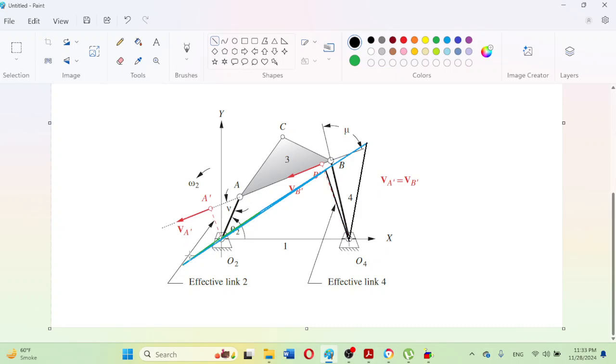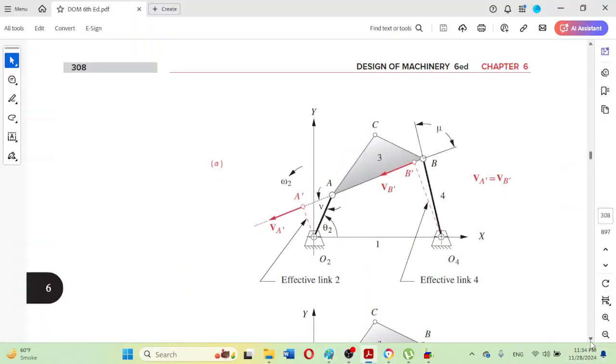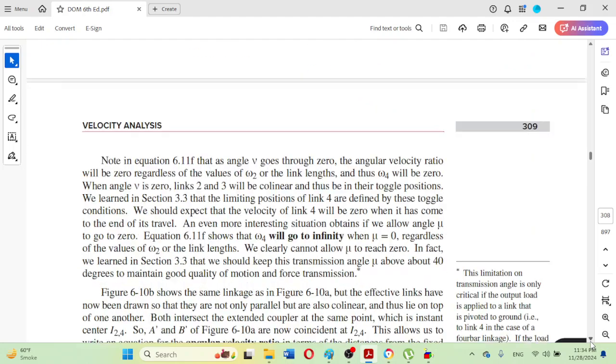So in this case, this is the overlapping case, and that was actually the extended case. So that is what the author has stated here.